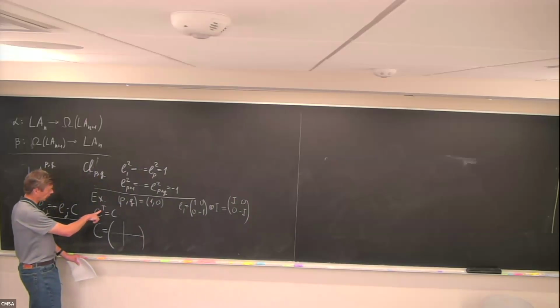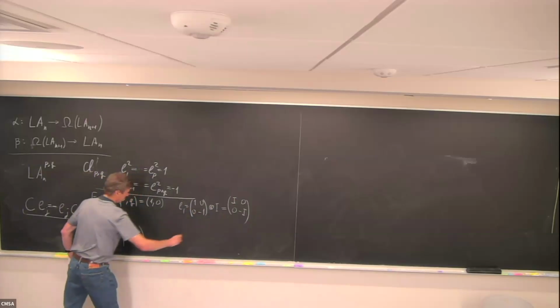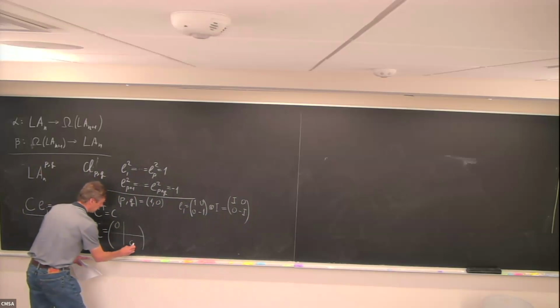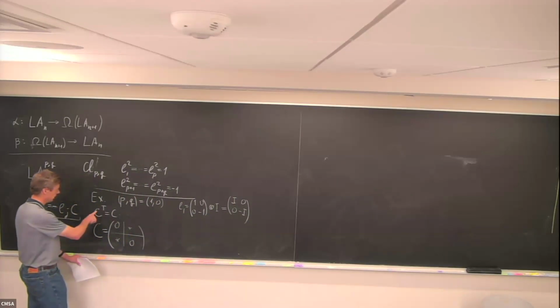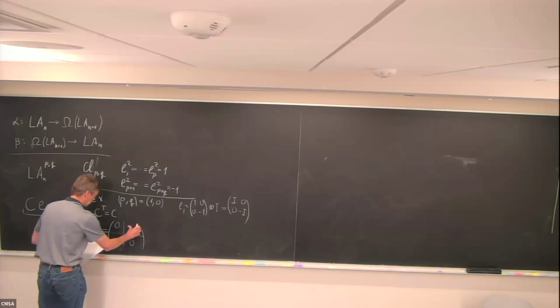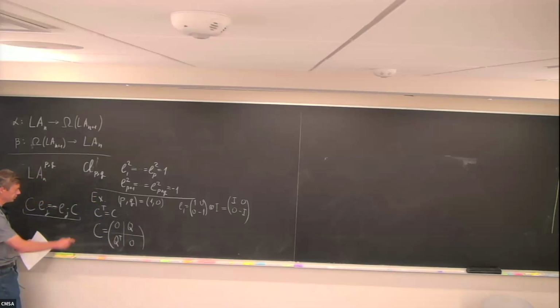And in order to anti-commute with this matrix, it must have 0 here and 0 there, and something in those blocks. And since C is symmetric, we can put a matrix Q here and Q transpose there. This is the general form of such a matrix that anti-commutes.